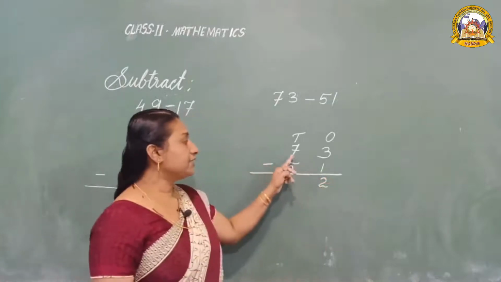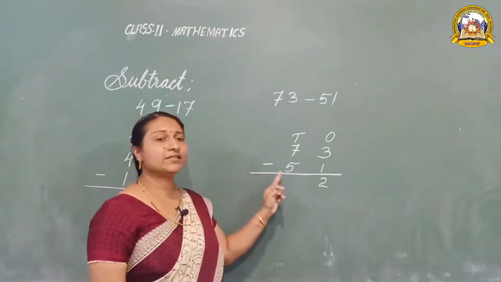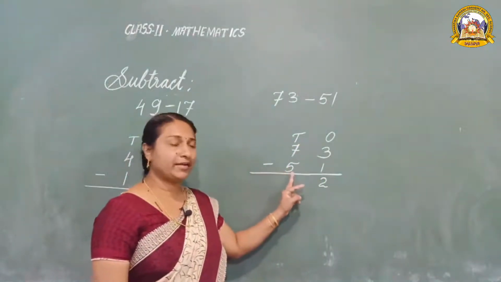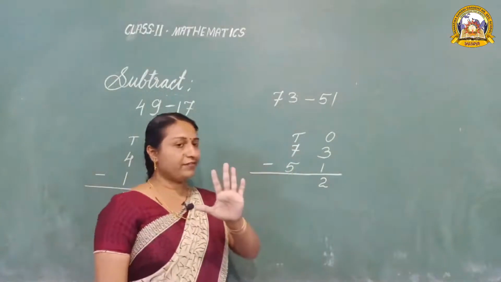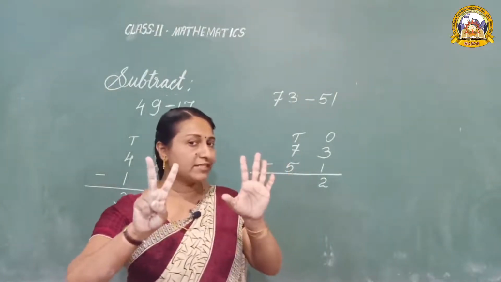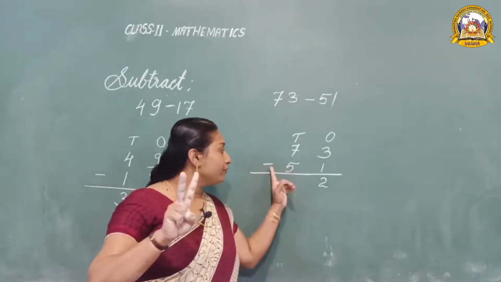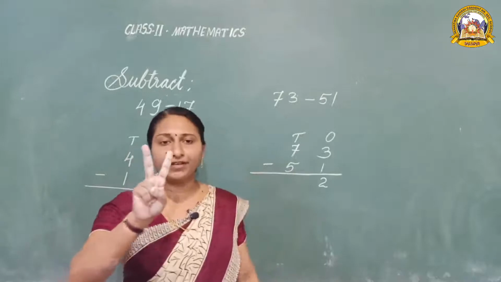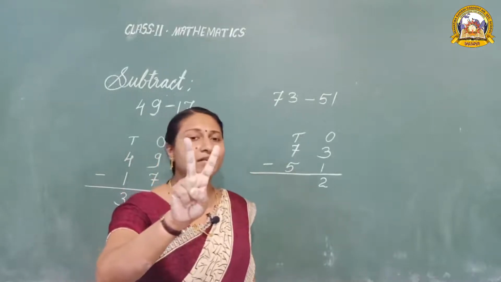Then next 7 minus 5. 7 tens minus 5 tens. Take 7 fingers. Take your 7 fingers. Then minus 5, no? So remove 5 fingers. What is remained then?